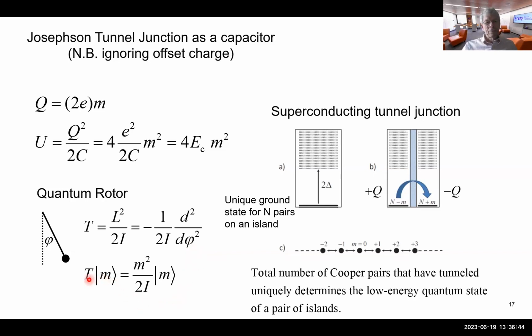And so the kinetic energy looks like m squared. Oh, but that looks exactly like this. It looks like the electrostatic potential energy. So there's a nice analogy between the LC circuit and this quantum rotor.